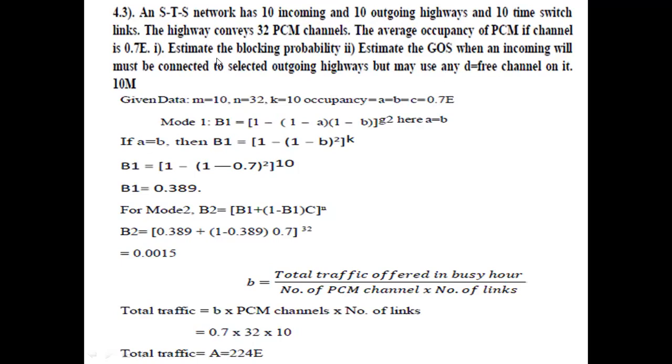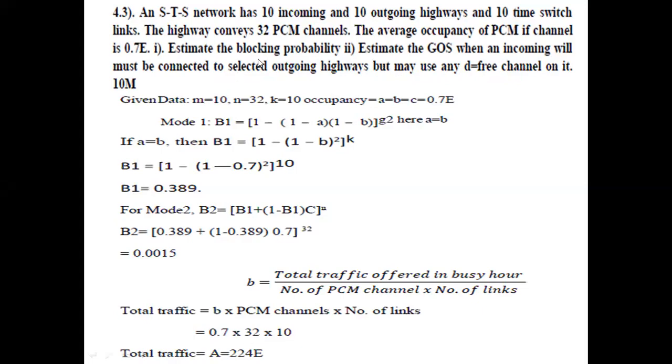The average occupancy of both the intermediate links and the outgoing highways in this case turns out to be 0.7 Erlang. Both the capital C and small b, which we used to calculate B1 and B2, turn out to be 0.7. The grade of service under mode 1 and mode 2 is 0.7 in this case. He is asking us to estimate the blocking probability, and also to estimate the grade of service under mode 2.